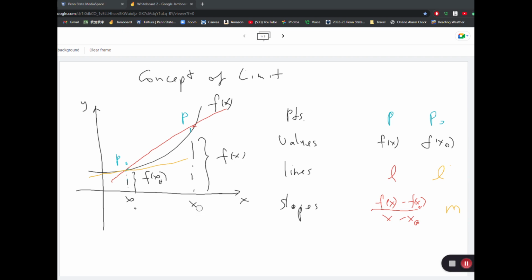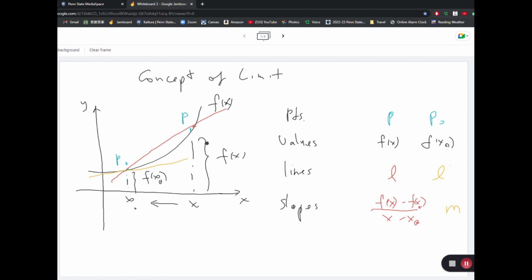So now, we're going to push x towards x0. Let me mark it here. So x approaches x0.